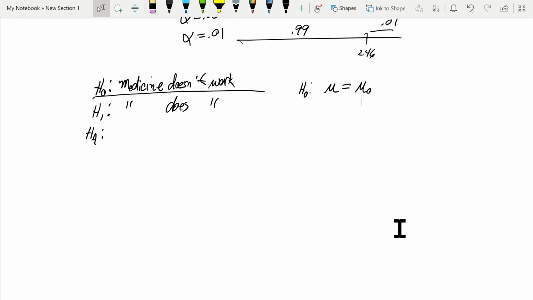The mean is equal to some hypothesized value, 6. The mean is equal to 6. The mean is equal to 30, whatever. And the alternative is everything that the null hypothesis isn't. That's different.